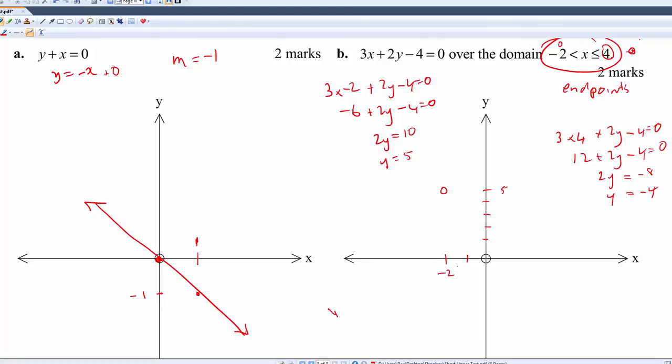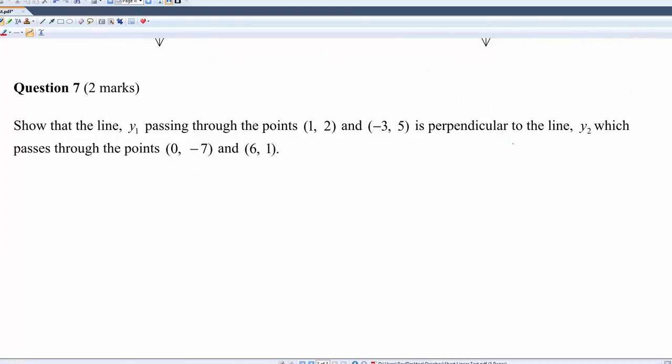When x is 4, y is negative 4. 1, 2, 3, 4 across and 1, 2, 3, 4 down. That's it there. We're going to fill that in because it's included. The line joins the two, and we don't go any further to the left and right. They're not asking for the intercepts, so we're not going to worry about them. And that's all we needed there to get the full 2 marks for that one.